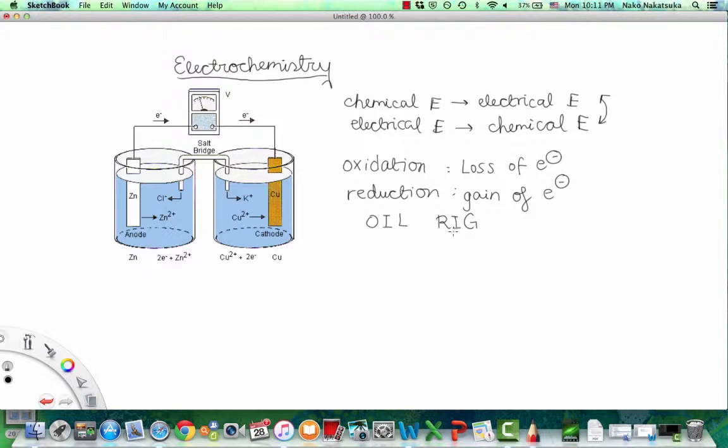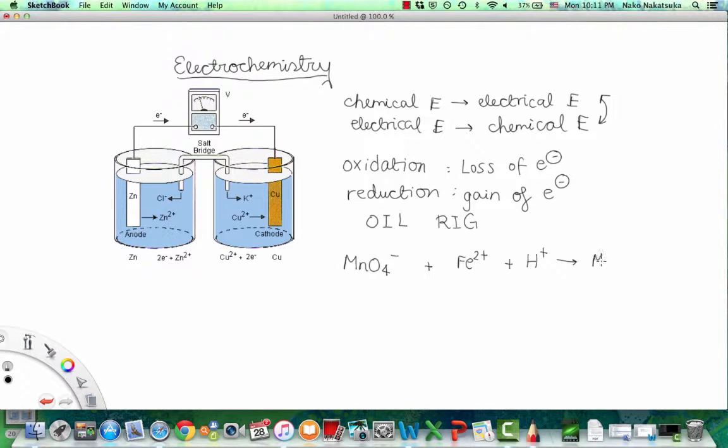So let me show you an example of a reaction that occurs where there's an oxidation and reduction that's occurring. So in a reaction between permanganate, MnO4-, and iron 2+ in water, and in this process, we have protons that are involved.